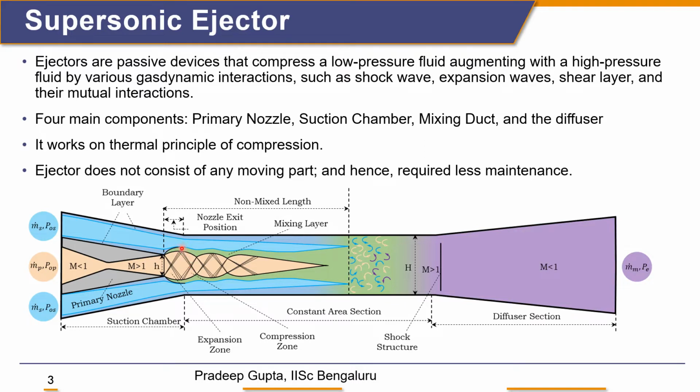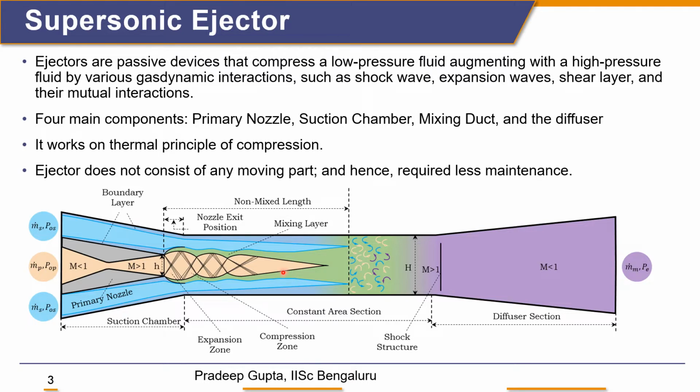Due to the secondary flow, the primary flow further expands and forms a set of shock structures. When primary and secondary flow come in contact, it produces the shear layer or the mixing layer, due to which the primary and secondary flow start mixing, and it is expected that they mix completely towards the end of the constant area section.